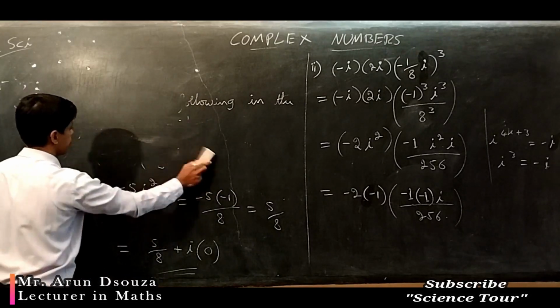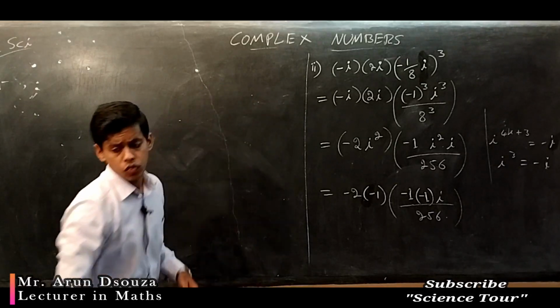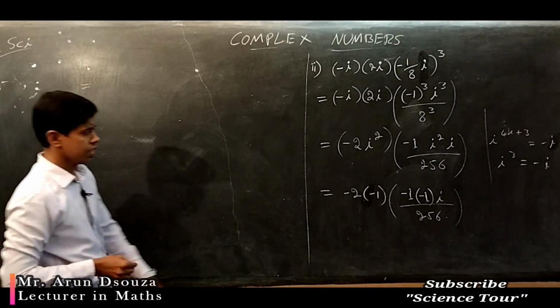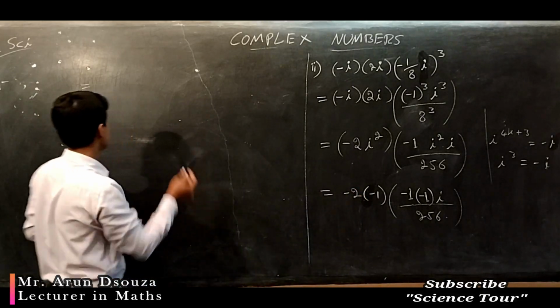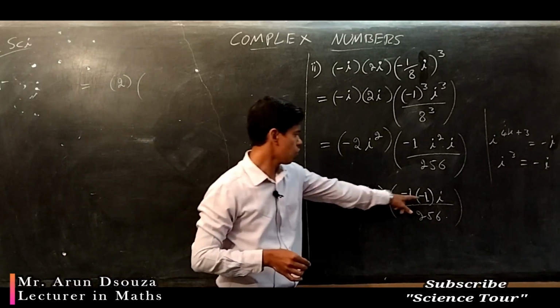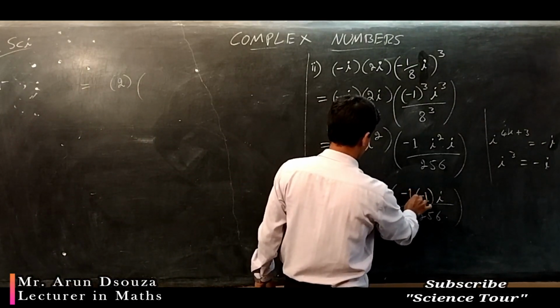Okay, so continuing like that. When you continue like this, what you will get: minus 2 into minus 1 is plus 2 here, and within the bracket minus 1 into minus 1 you will get 1, right?